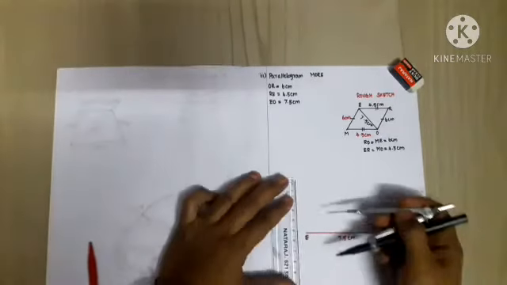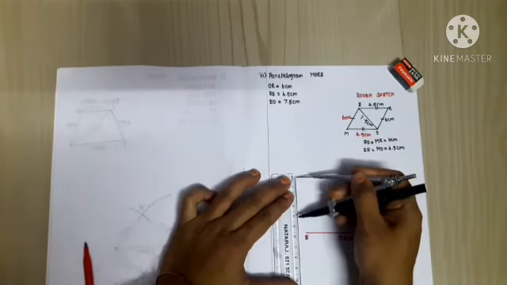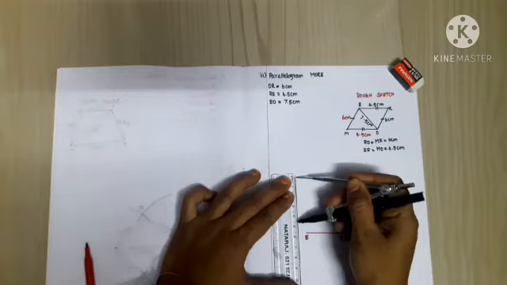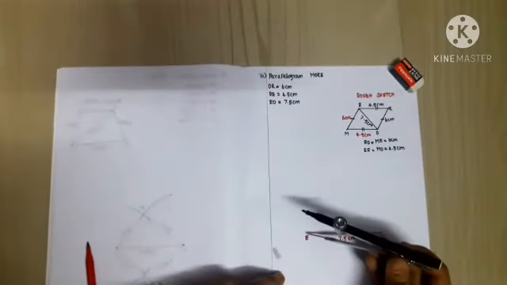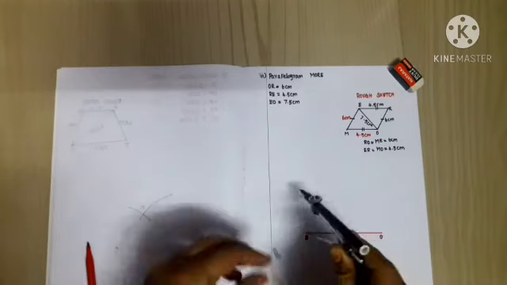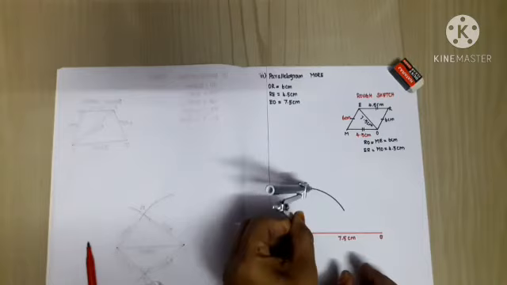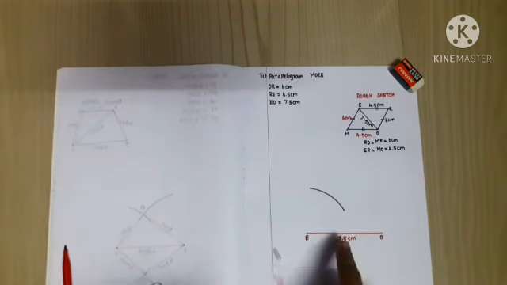See, keep the needle at zero, extend the pencil tip till 4.5 centimeter and keep the needle at E. With E as the center, draw the arc of radius 4.5 centimeter. By this I can find the R point.